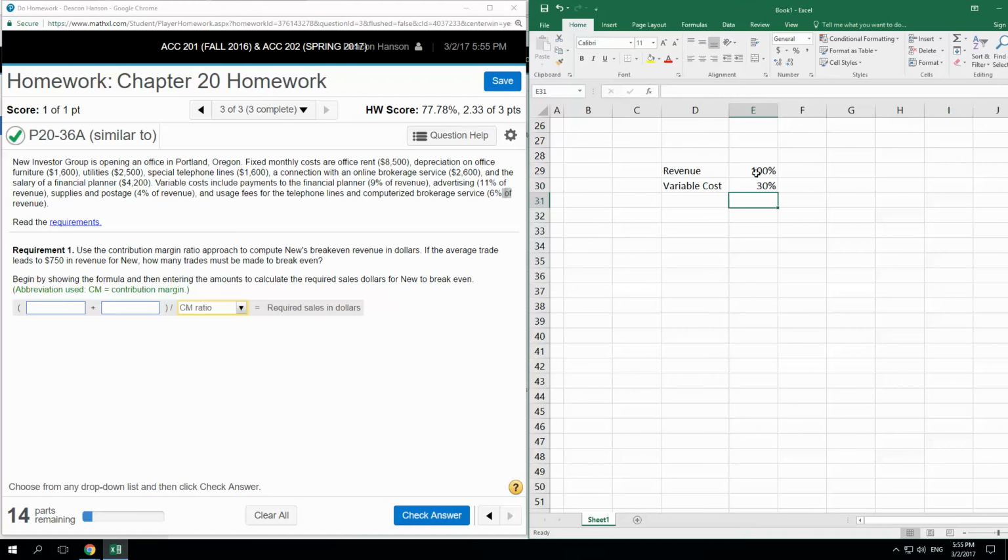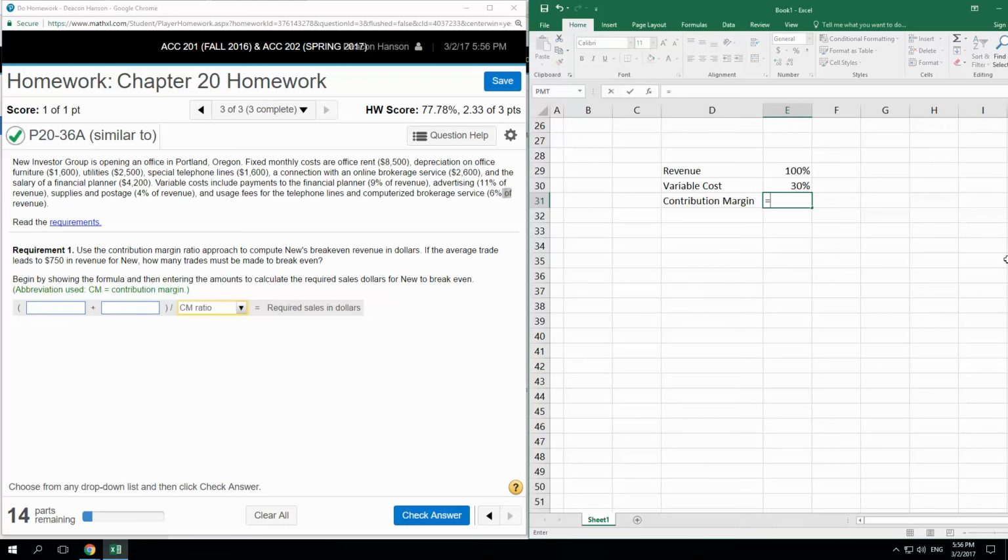That leaves my contribution margin, because the definition of contribution margin is revenue minus variable costs, or price minus variable costs per unit. So in this case, we've assigned 100% to revenue, and then we subtract variable costs, and we get our contribution margin.